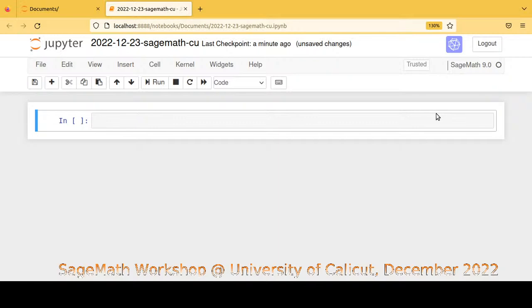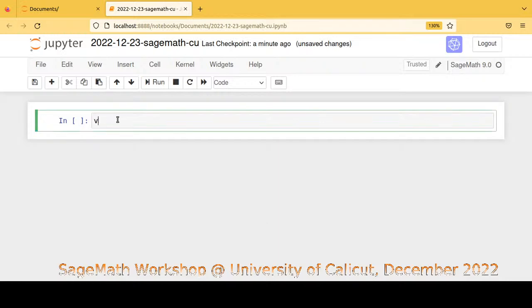Therefore, the z coordinate we are not specifying, just like the y coordinate we didn't specify in the plot command in two dimensions. We will simply mention inside plot3d a function in terms of x and y and the ranges of x and y. After that, we may define several extra parameters, just as in the case of plot.